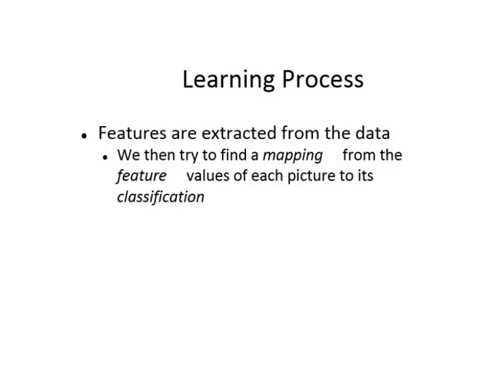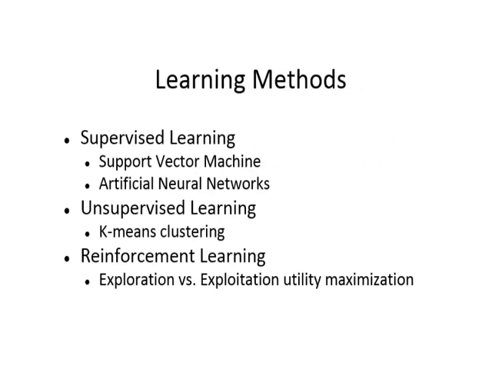There are different methods that we can use to find this mapping, and these methods are broadly grouped into 3 different categories called supervised learning, unsupervised learning, and reinforcement learning. In the next video, we're going to go into detail to see how each of these different categories of methods work.